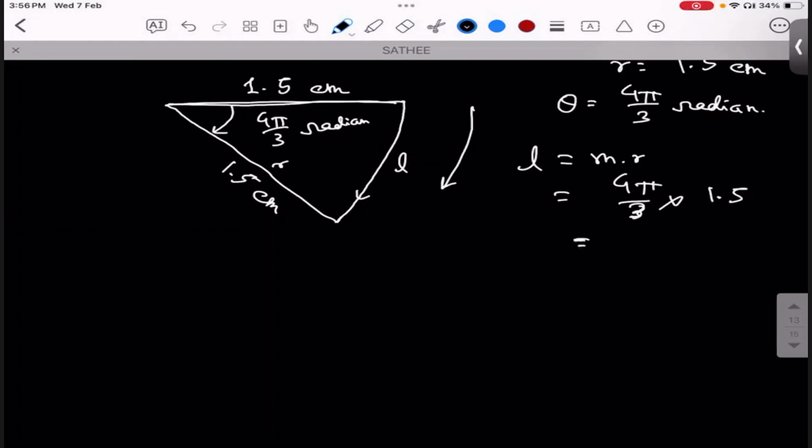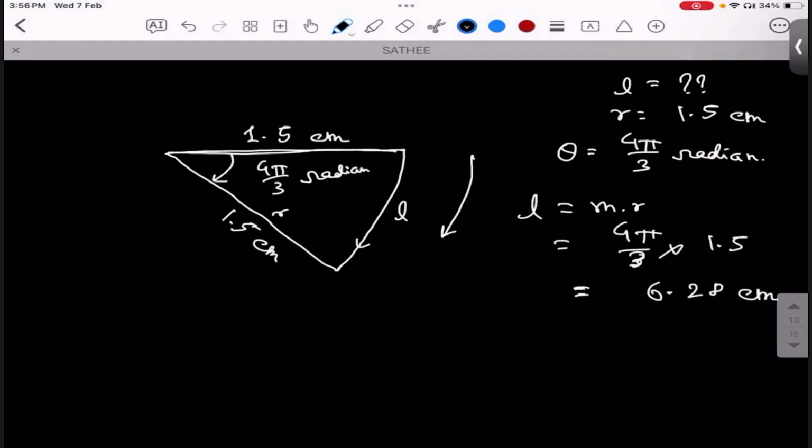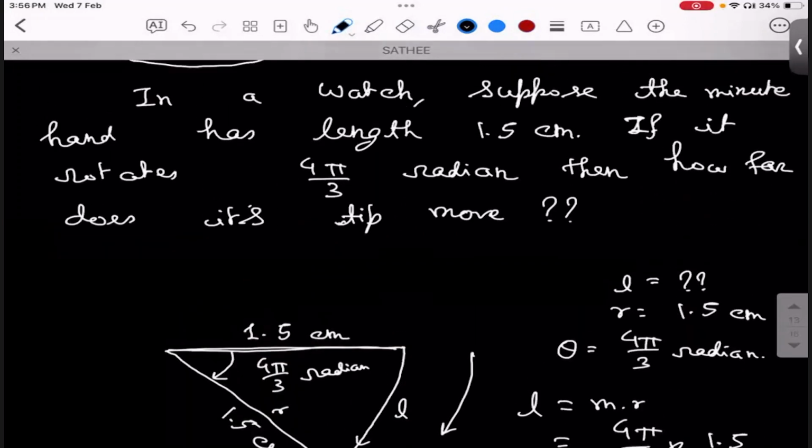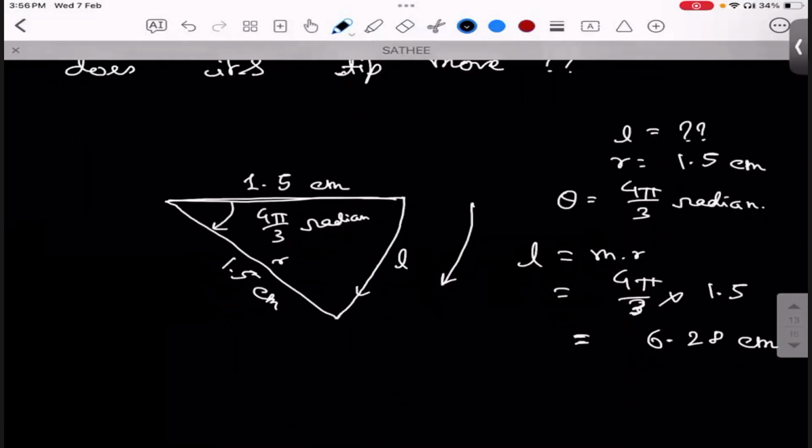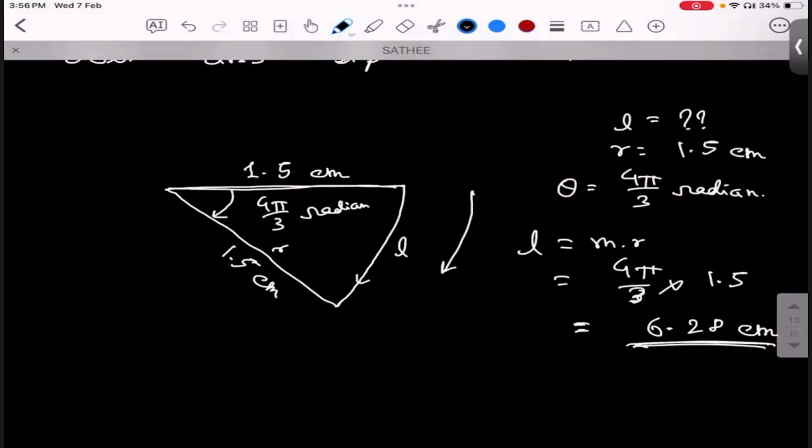So this gives us the value of pi and all these things. So it will give around 6.28 centimeter. So the length, or you can say the movement done by the tip of the minute hand, will be 6.28 centimeter.